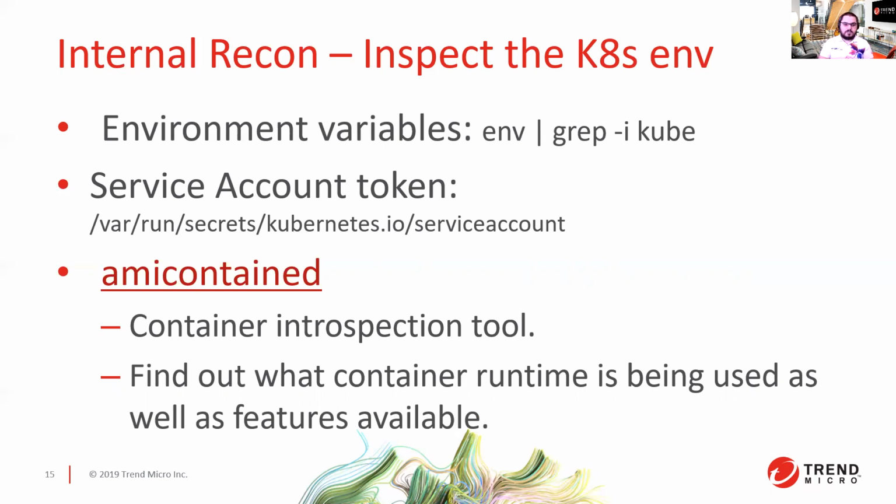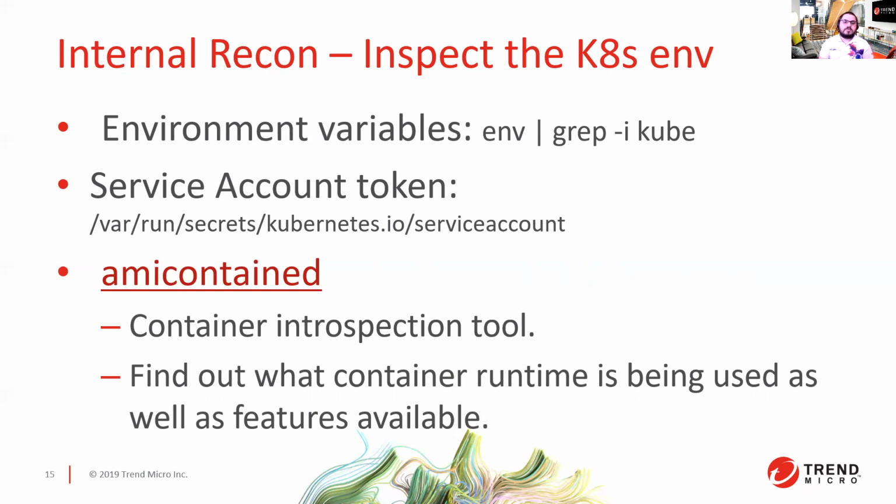They use this token inside that directory there to communicate with the API server, so to perform the authentication and communicate to the API server. So you can use that to impersonate the pod and make requests to the API server as well. So kind of authenticated requests. So you might have more permissions and get more information out of the API server, right?